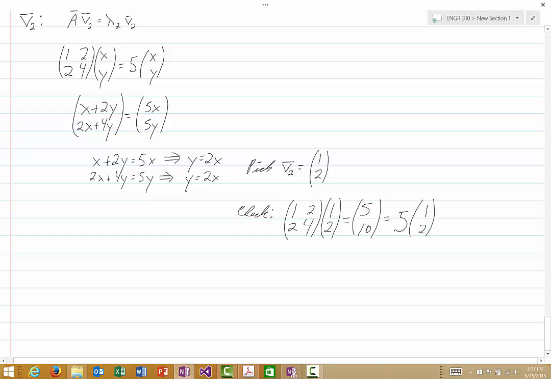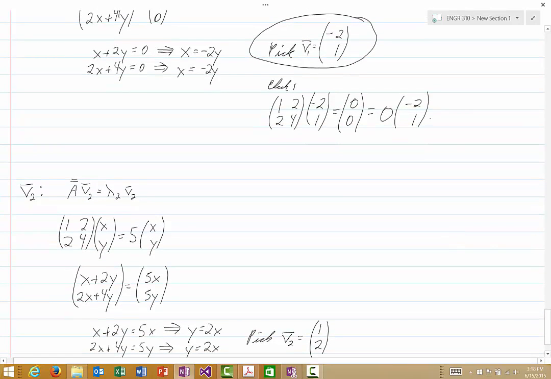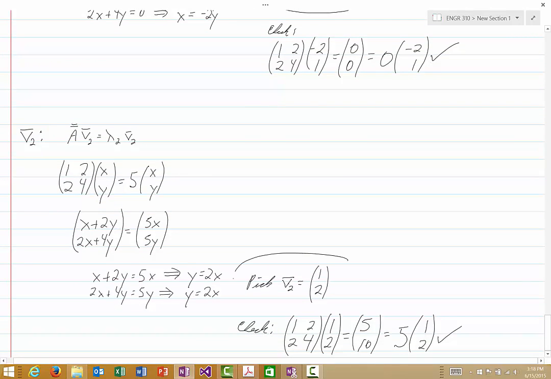So we have the matrix times the vector is equal to 5 times the vector. So this shows you that indeed 1, 2 is an eigenvector with associated eigenvalue of 5. So here V2 is equal to 1, 2.